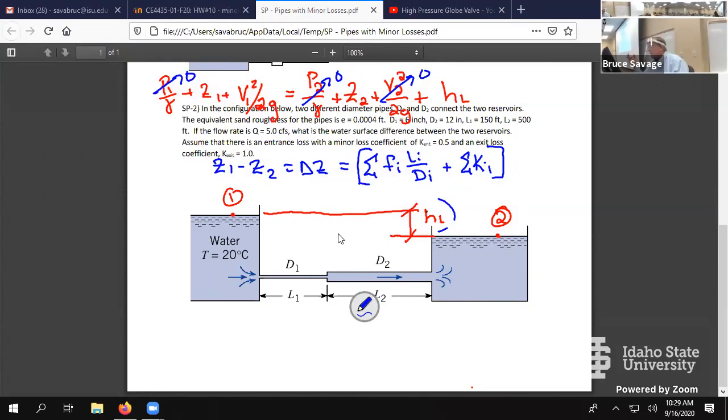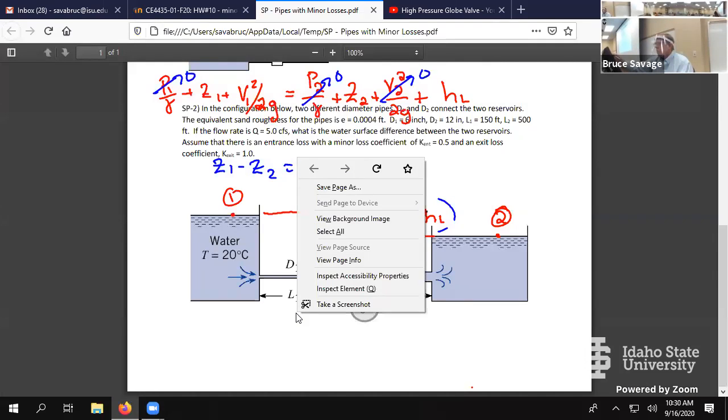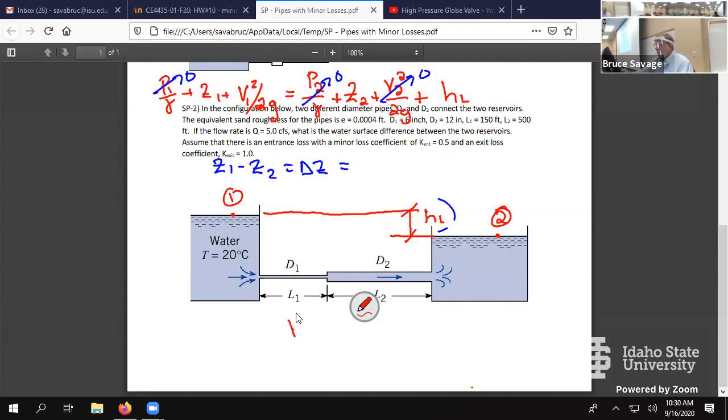So I can't let it equal one flow rate. So let me back up here. I'm going to have two different velocities, V sub 1 over here and V sub 2 over here.